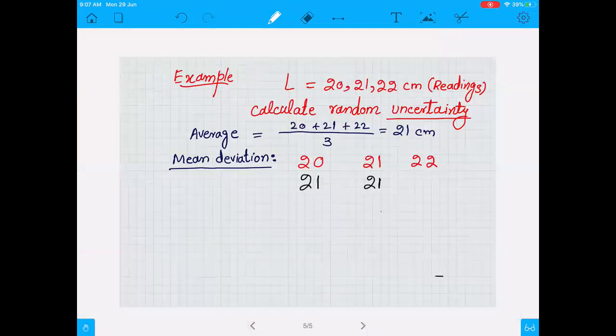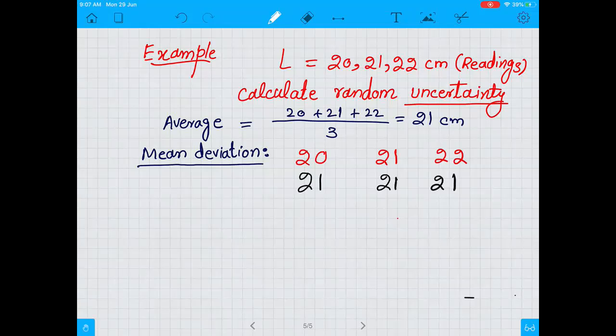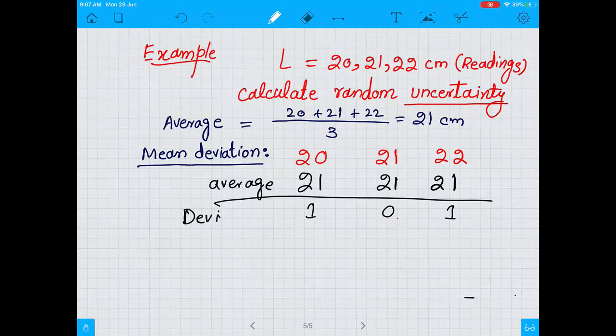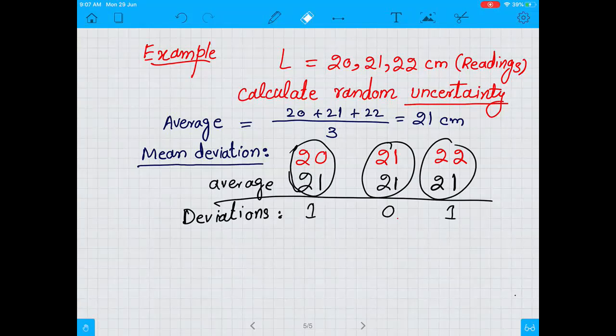Let's calculate the deviations: 1, 0, and this is 1. This is the average, and then you have these deviations. Now you calculated the deviation between the individual readings and the average.